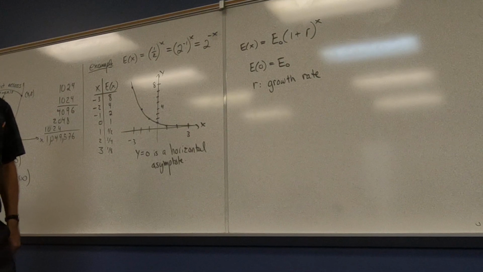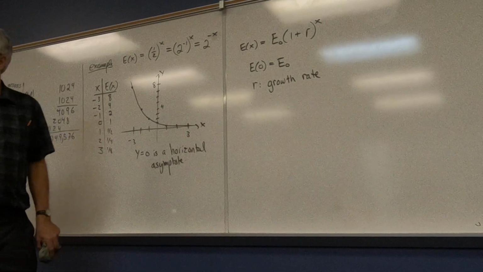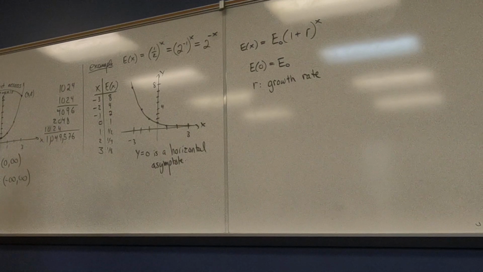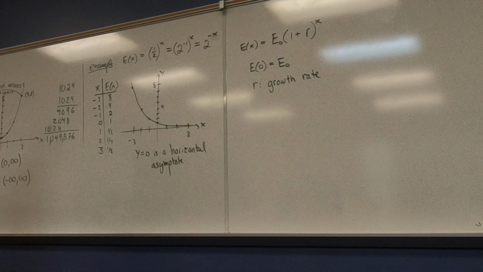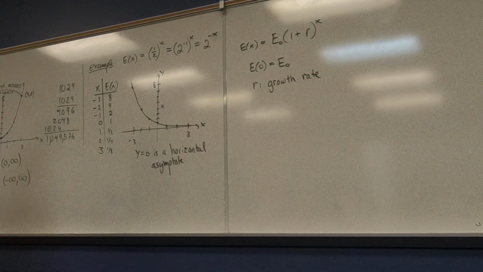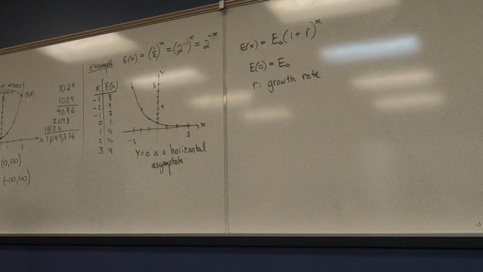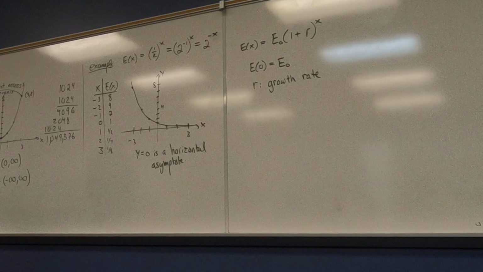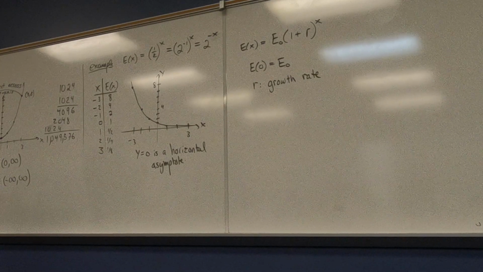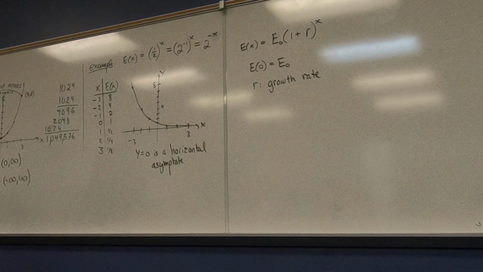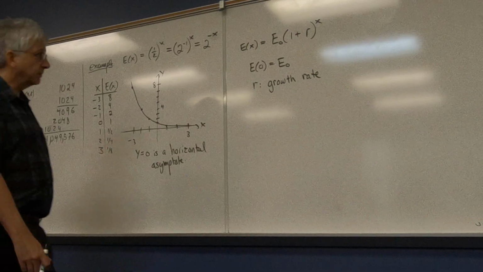And what would your growth factor be? 1.01, and that's bigger than 1. So if you want to grow something by 1%, you multiply it by 1.01. You keep what you started with, and you keep adding 1%.